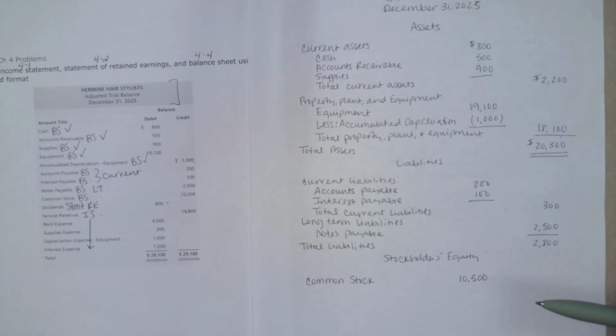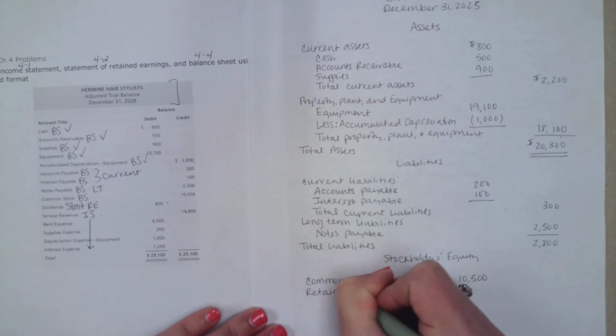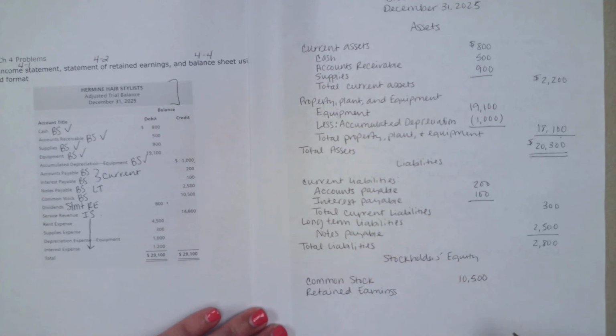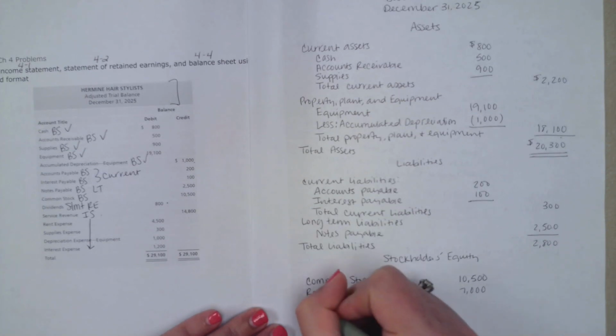This is where you remember that the order of the financial statements is important. We're going to get that number from your statement of retained earnings. So you can flip over or scoot your paper over if you wrote on a different paper and get your ending balance for retained earnings. That ending balance was $7,000 for the end of December.